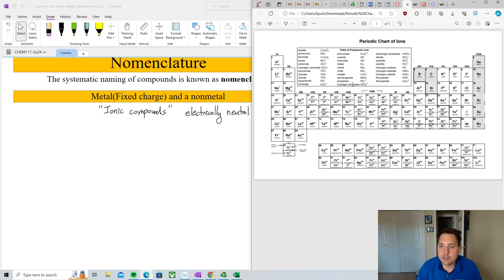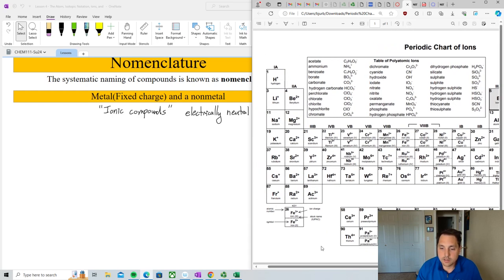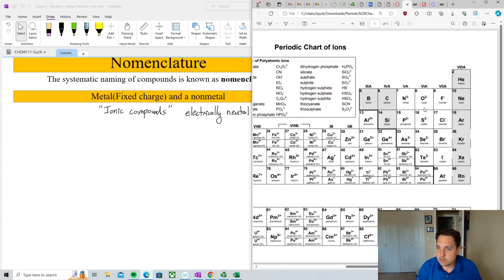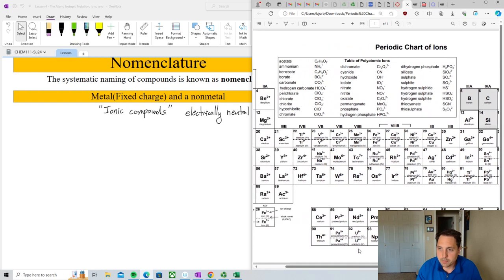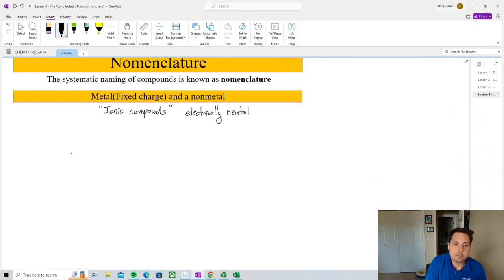It breaks down all of the ions and includes the polyatomic ions that we'll learn later on for all the elements. And so it's really helpful for seeing what the most common charges are. All right, so we'll take a look at this later on. We'll notice some of them are uncharged as well. But let's start with some basic definitions.